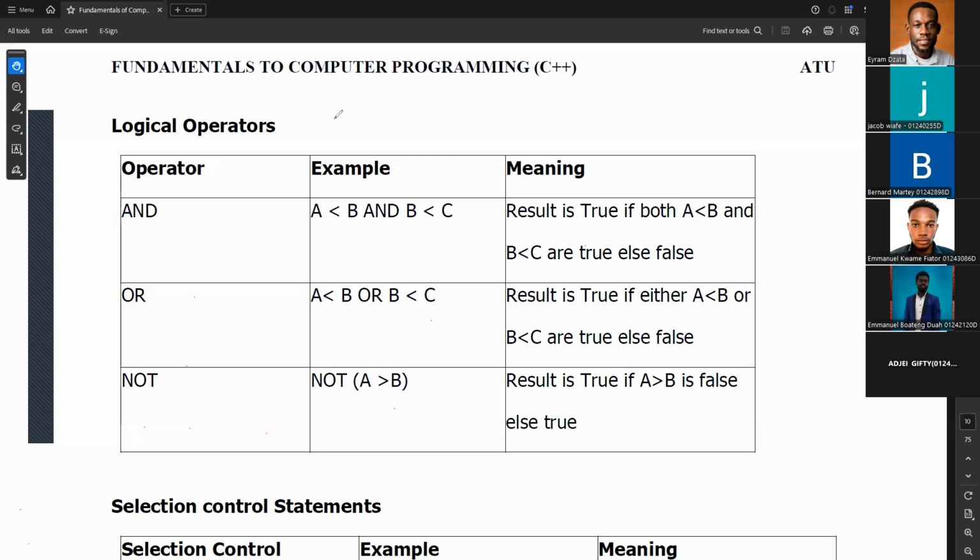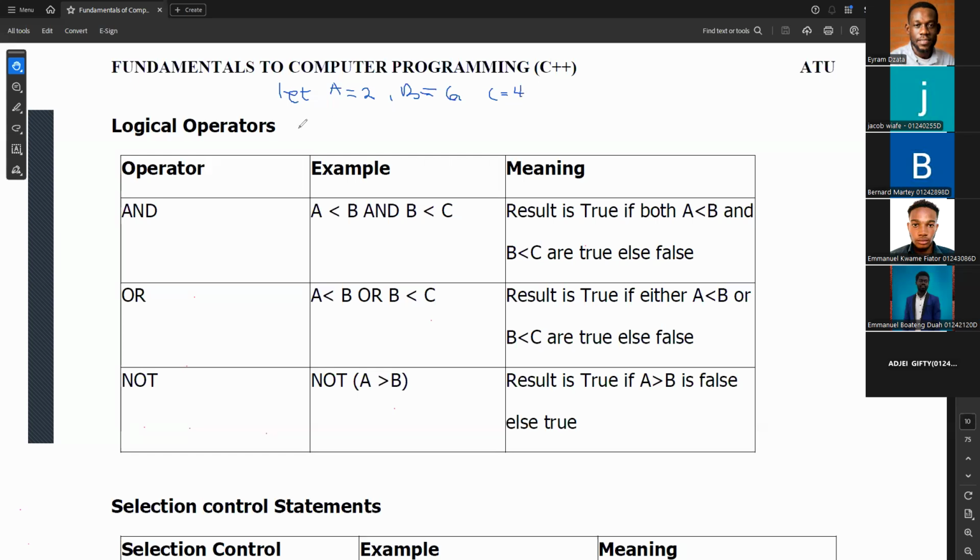Okay. So still with the concept that let A equals 2, B equals 6, and then C equals 4.